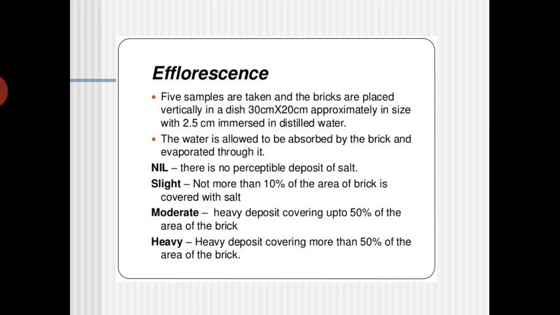If it is a heavy deposit of salt, more than 50% of the area of the brick, then you note it as a heavy deposition of salt particles on the surface of the bricks.